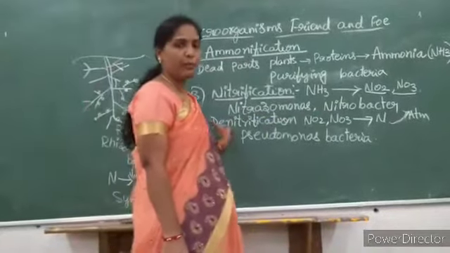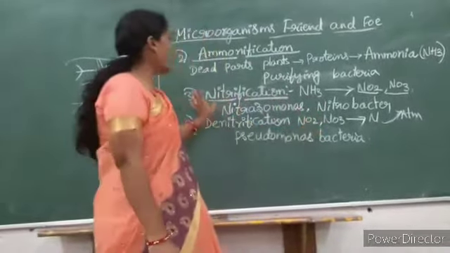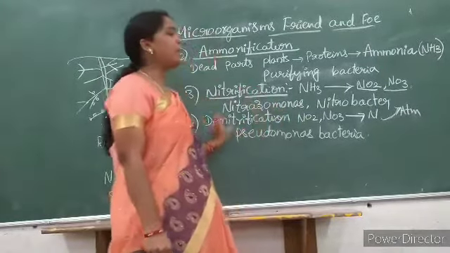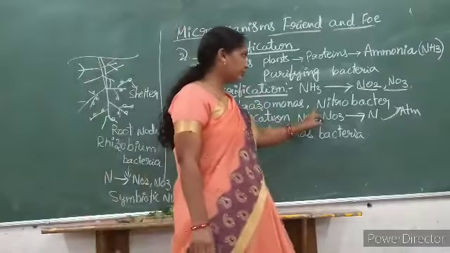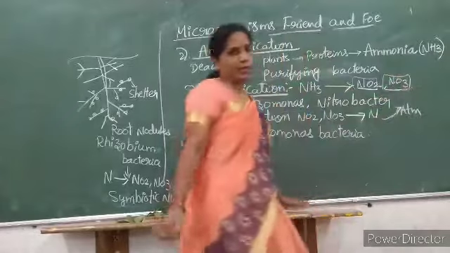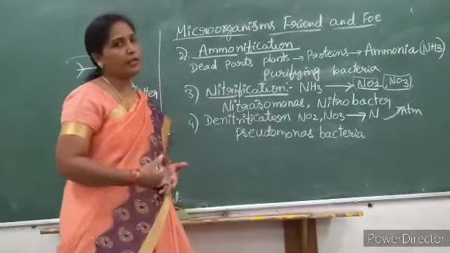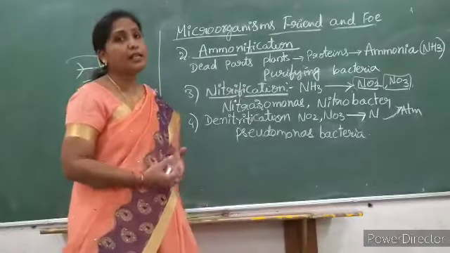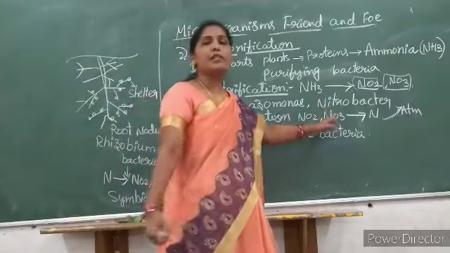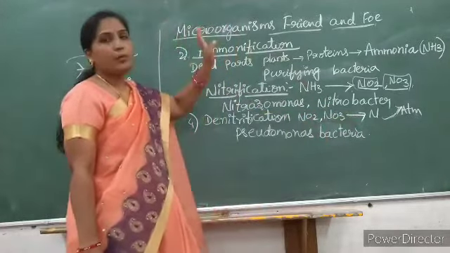And the final step: these nitrites and nitrates are used up by the plant body. If any excess amount of nitrates is there, denitrification takes place. So these are converted back into free nitrogen and go back to the atmosphere again.